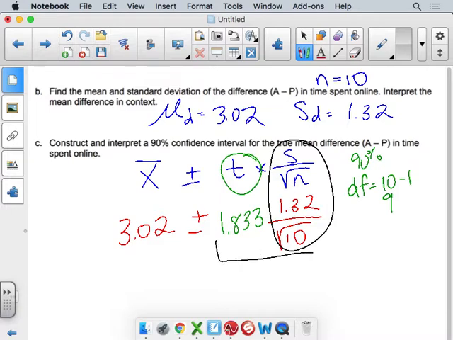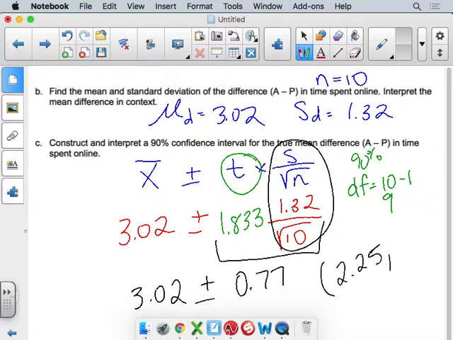Okay, so you do that. What did I get? I got 0.77. So 3.02 plus and minus 0.77, and there's my interval.